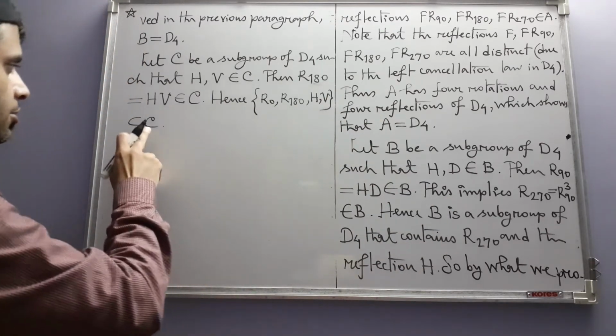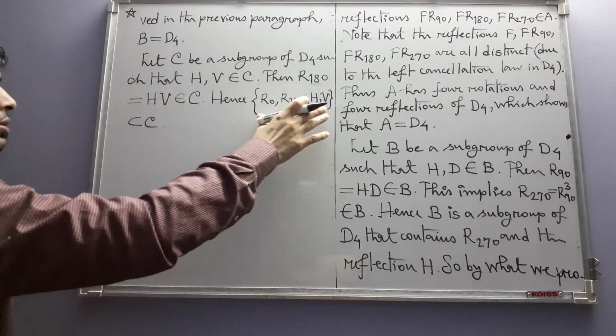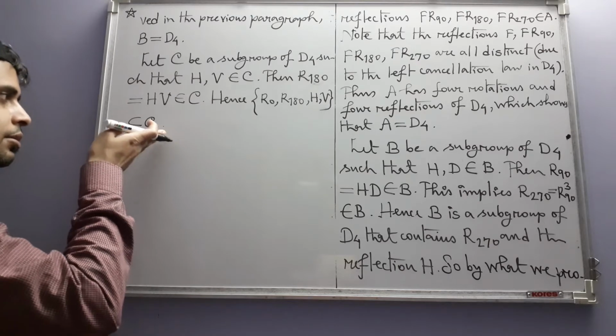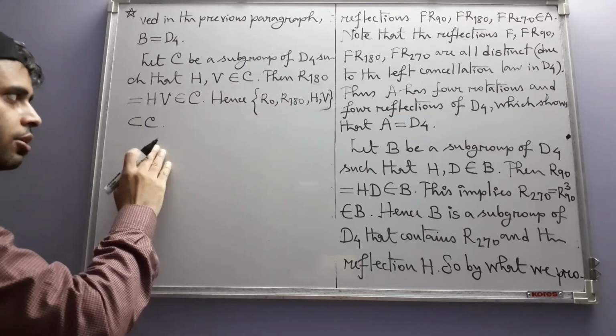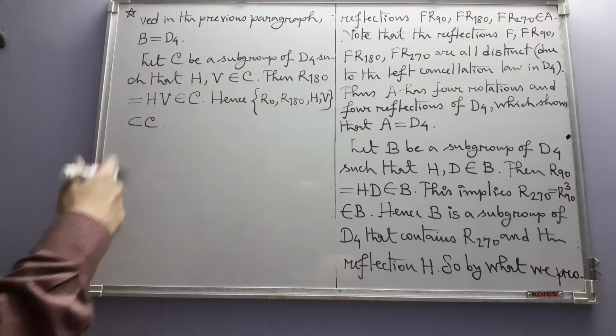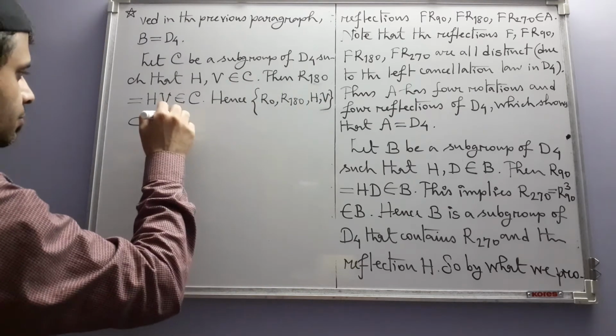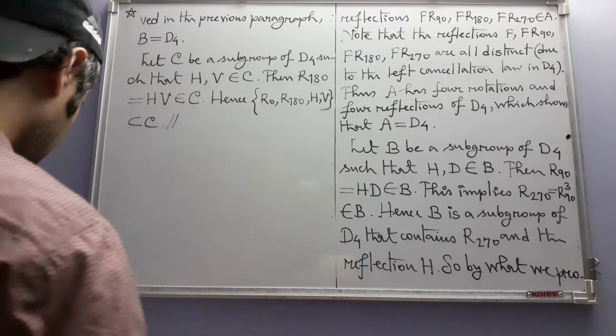Okay, so you can only say that these elements are contained in C. This C may be equal to this, or it may be strictly larger than this subgroup. Okay, so the solution ends here.